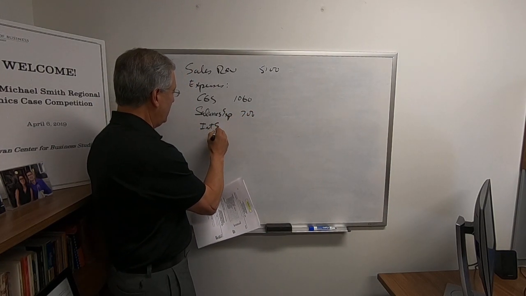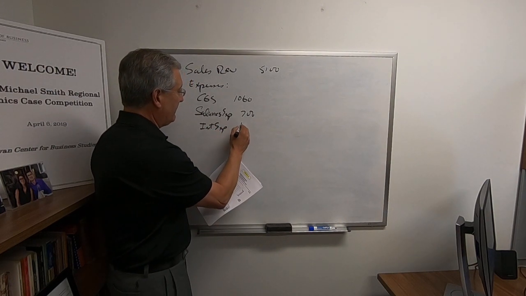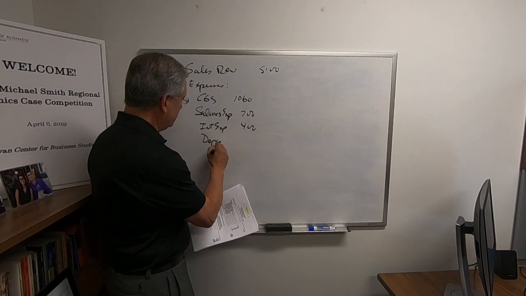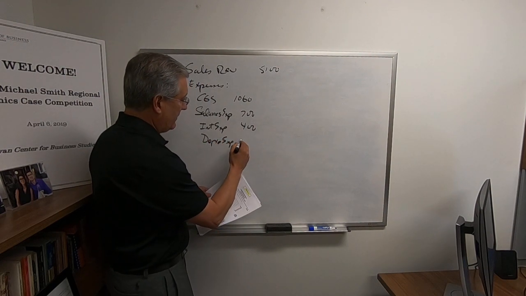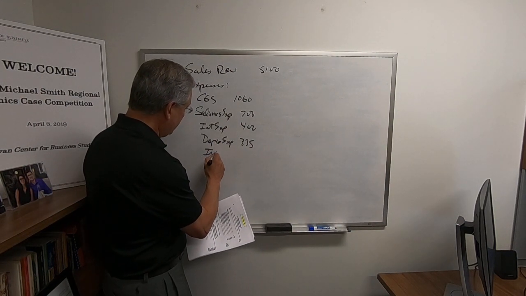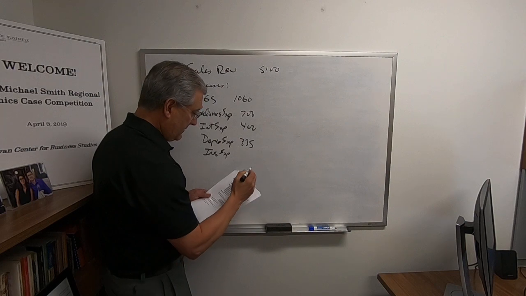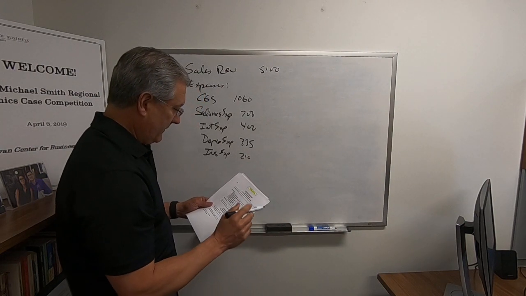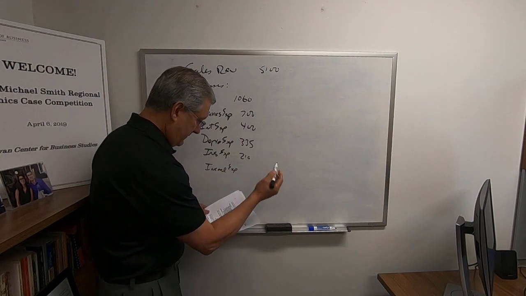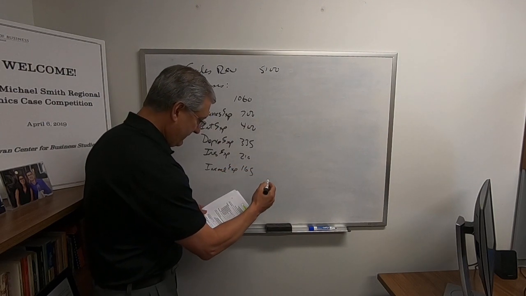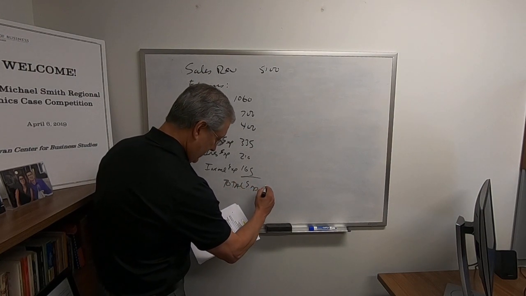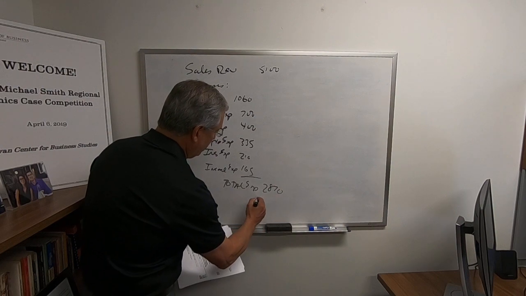Interest expense at $400. Depreciation expense, $335. Insurance expense, $210. Income tax expense, $165. Total expenses, $2,870.